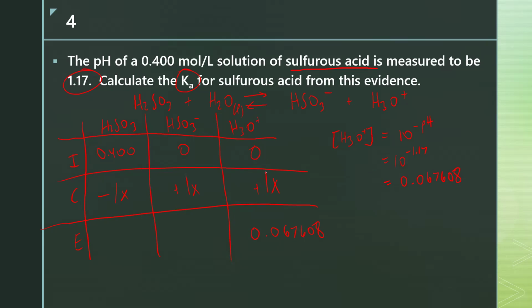Notice the rest of this. That would mean this would be our x term. So from this column right here, because it matches the H3O one, I know this number is also going to be 0.067608. And then as for this final column here, 0.400 minus 1x, well, we know x is just this number, because 0 plus x is this, so this number must be x. We can just subtract that number from 0.400.